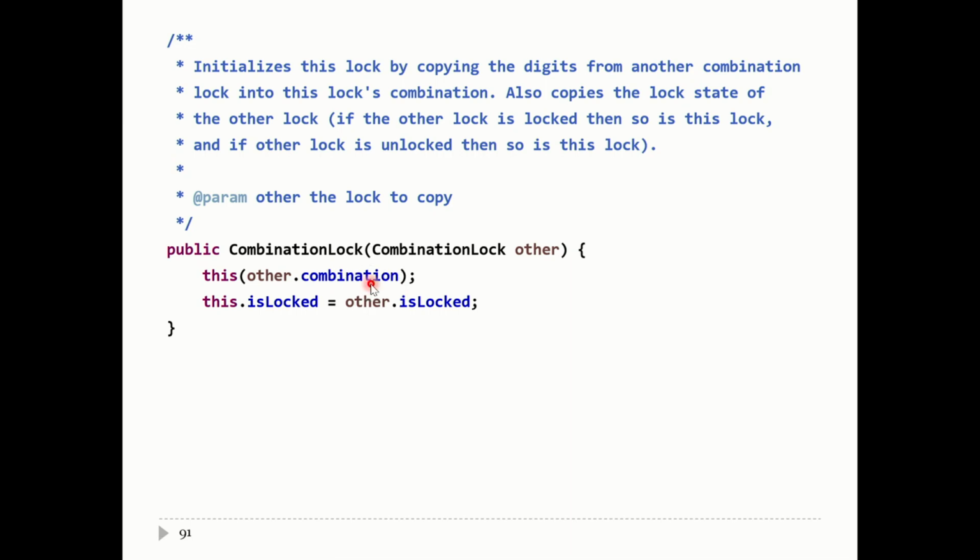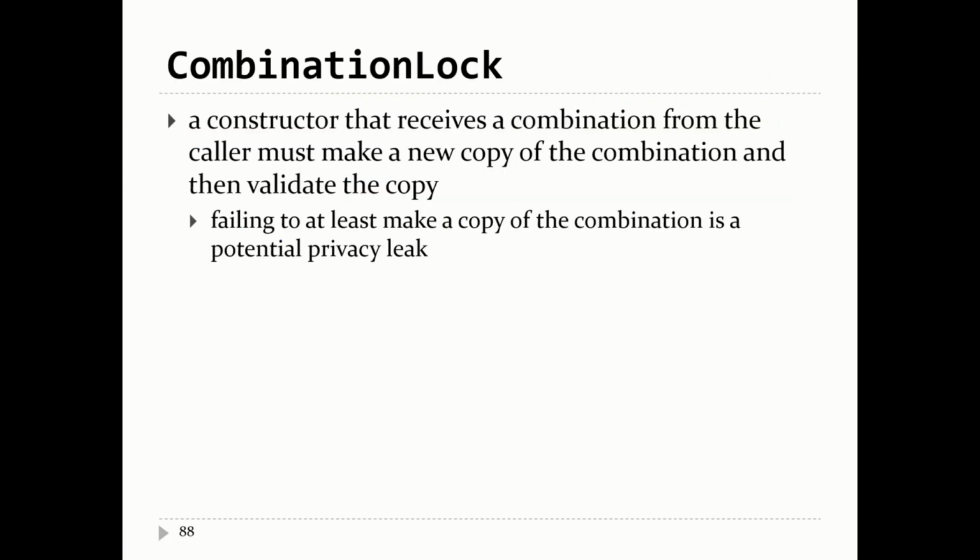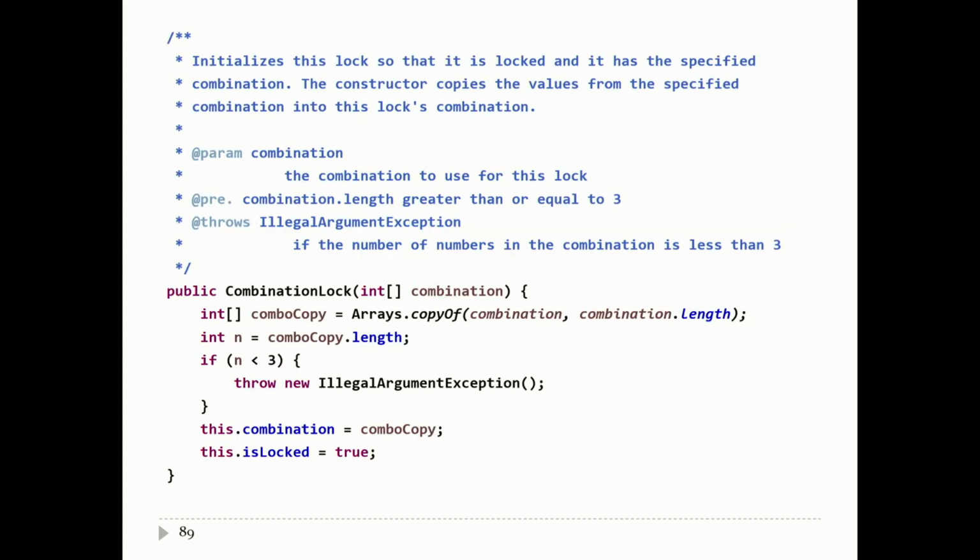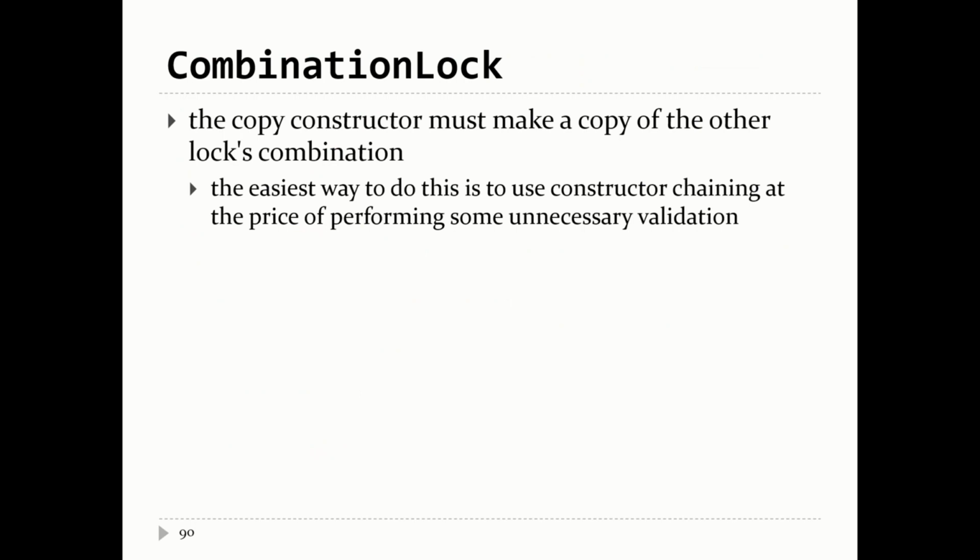Or you can just chain to the other constructor, which is what I'm doing here. Now this constructor runs, copies the combination, validates the combination, and then sets the array to be equal to the copy. So that second constructor does all the work for us.